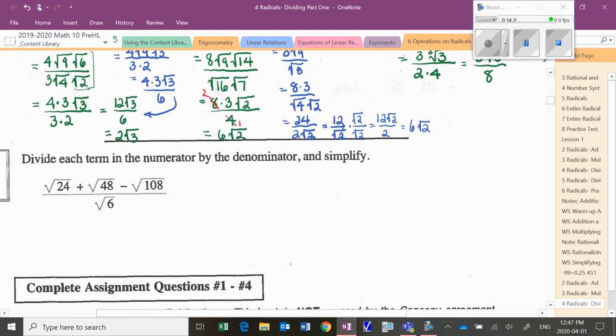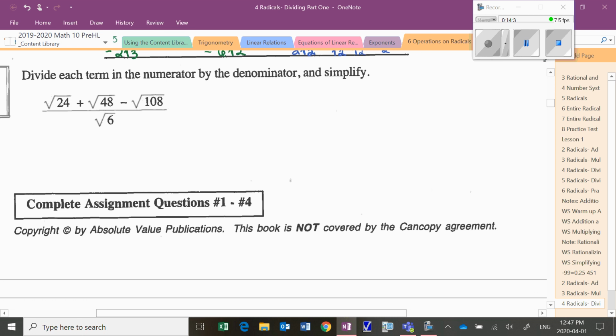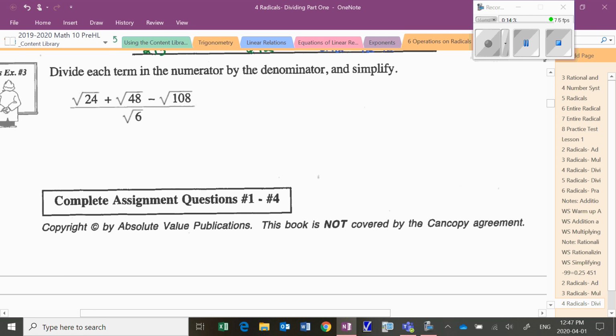Excellent. So taking a look at class example number 3: divide each term in the numerator by the denominator and simplify. And so this is, of course, based on dividing polynomials, right? Notice a lot of the things that we're doing are similar to working with polynomials and like terms.